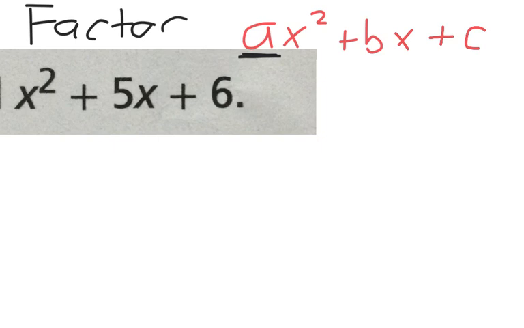It's just going to be a number. Does everybody follow that? So in this problem, what is my A term? A is 1. Because what's in front of the x squared term? There is no number we see, so there's an understood 1 there. So in my polynomial, the A term is currently 1.